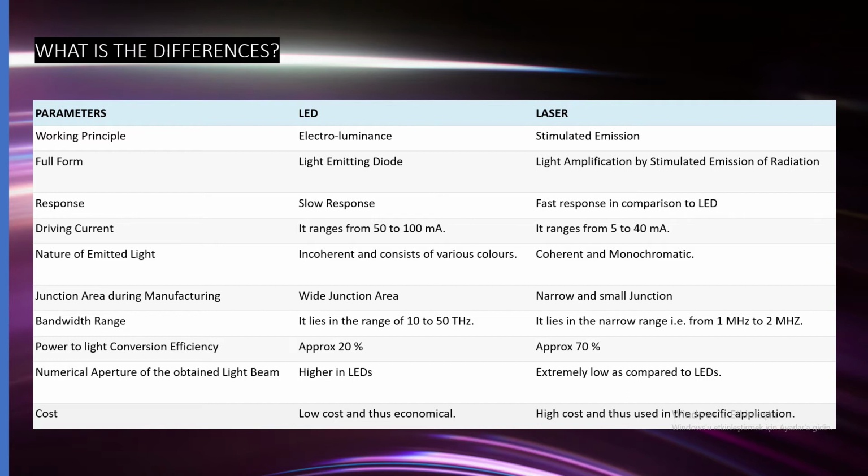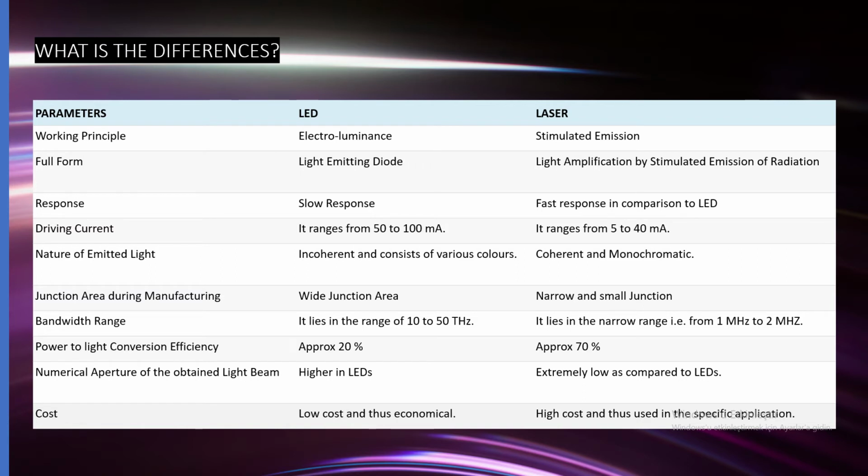So finally, we will see the differences between LED and laser. Our parameters are working principles, full form, response, driving current, nature of emitted light, junction area during manufacturing, bandwidth range, power of light conversion efficiency, numerical aperture of the obtained light beam, and cost. Working principle. LED, electroluminescence.